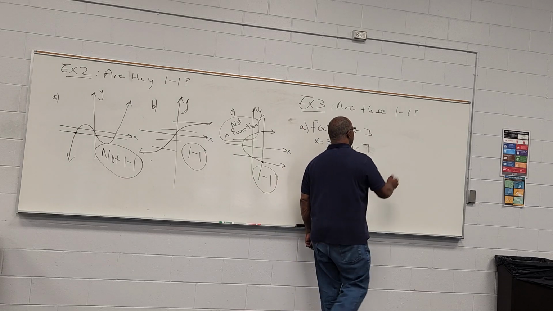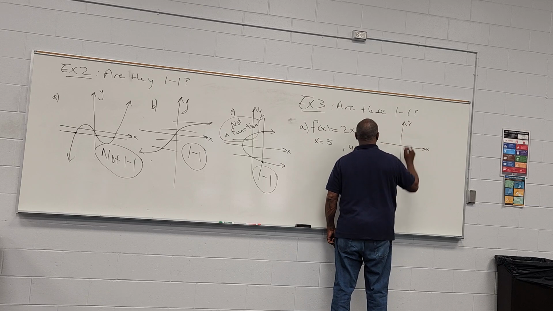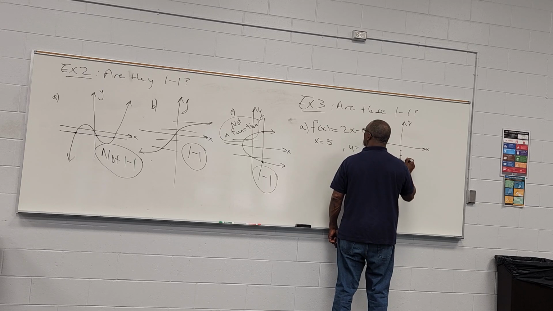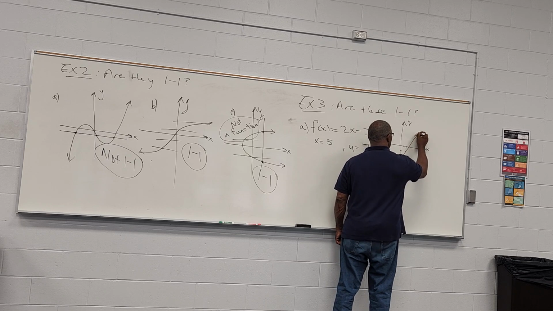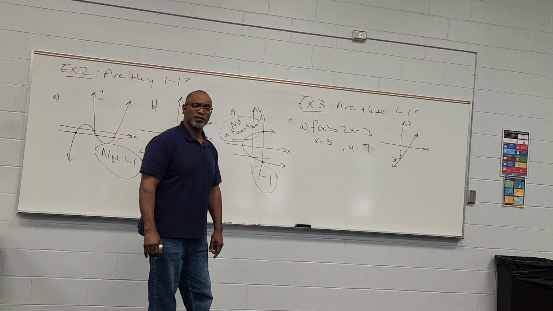The other way you can think about this is, if you knew this is the graph of a line, with intercepts at negative 3 and 2/3, the graph of f of x equals 2x minus 3 looks like that, okay?